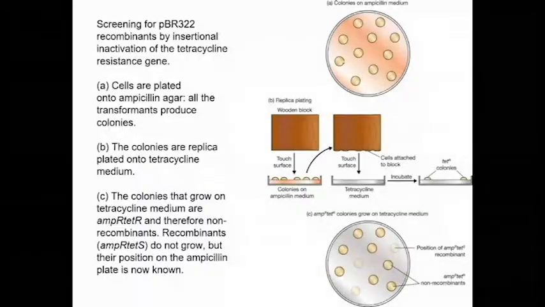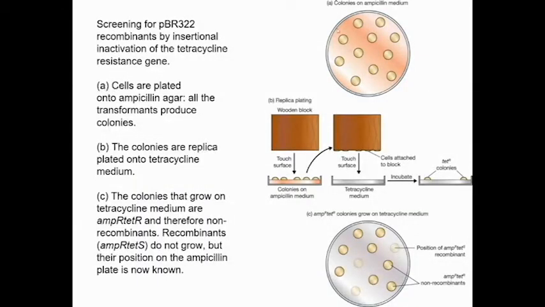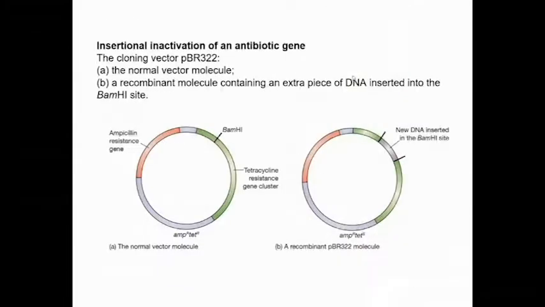So you put the cells on the ampicillin media, and every colony that you see on the ampicillin media represents a cell carrying either this vector or this vector.